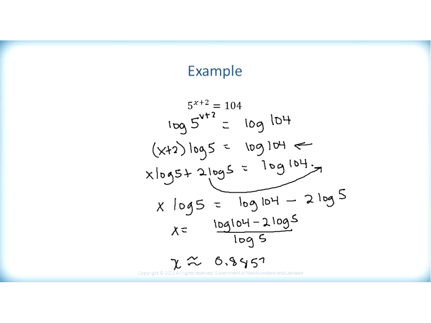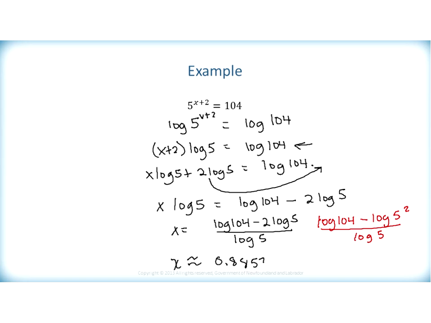Now I could simplify this a little more. I could say that this is log 104 subtract log 5 squared, over log 5.